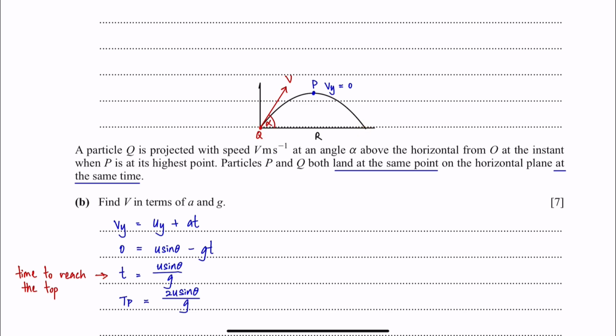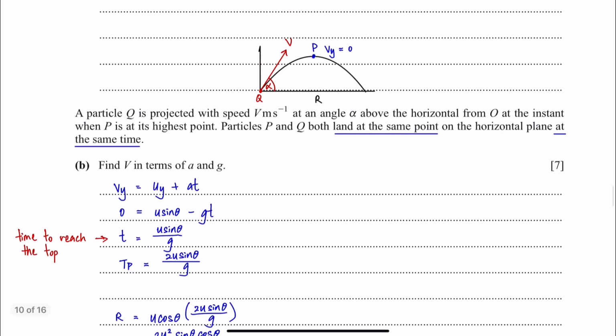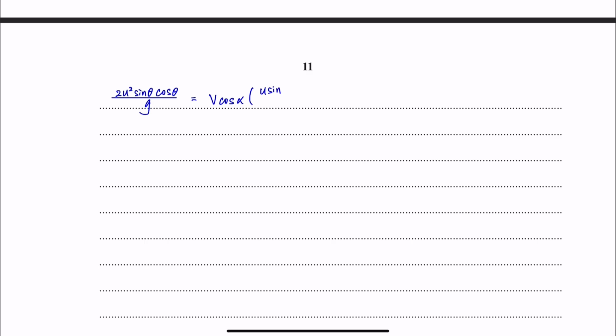And since particle Q only starts traveling when P is at its highest, but they both land at the same time, we know that particle Q travels twice as fast as P. So it uses half the time of P. Since P is 2u sine theta over g, the time that Q uses would be u sine theta over g. This is half of the time that P uses.